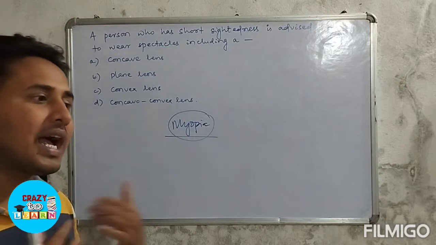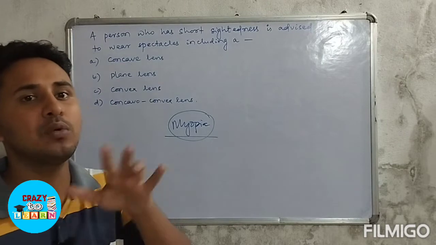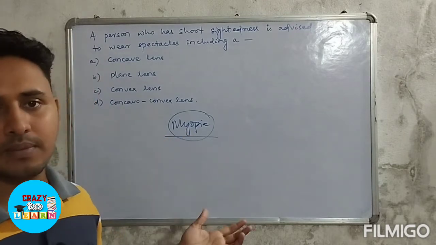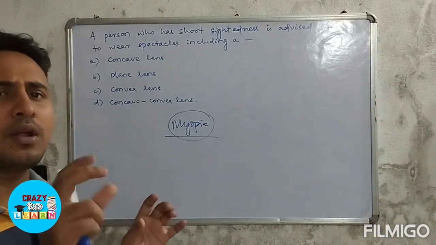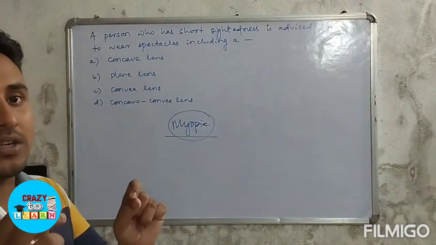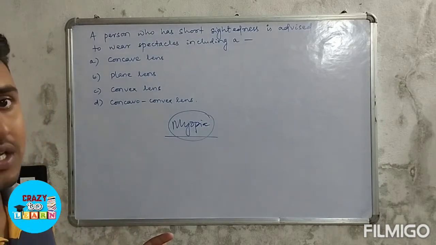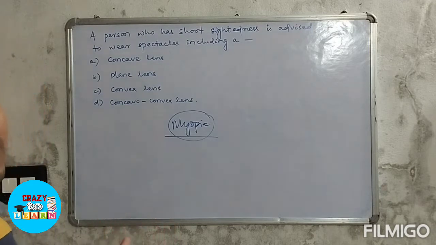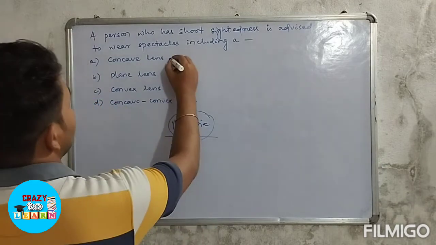And when we ask them what the power of their lens is, most of the time they will say minus 1.5, minus 1.75, minus 0.5. Whatever the number may be, they will say minus. So minus means the power of the lens is negative. Which type of lens has a negative power? The negative power lens is the concave lens.